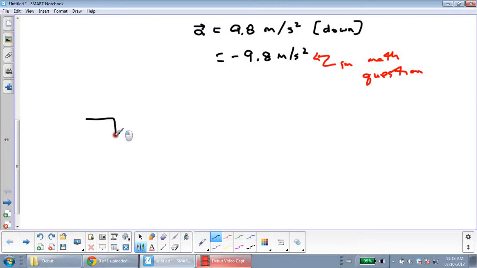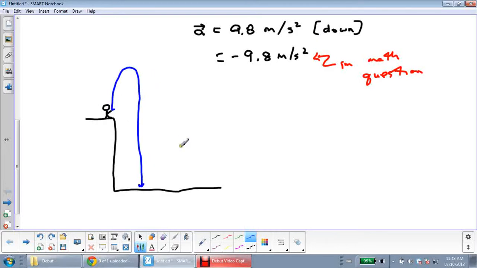Let's take a look at an example of a guy standing on a bit of a cliff, and he takes a ball, throws it up, and it comes straight down. When we talk about this being negative, what are some of the signs I might put on things?